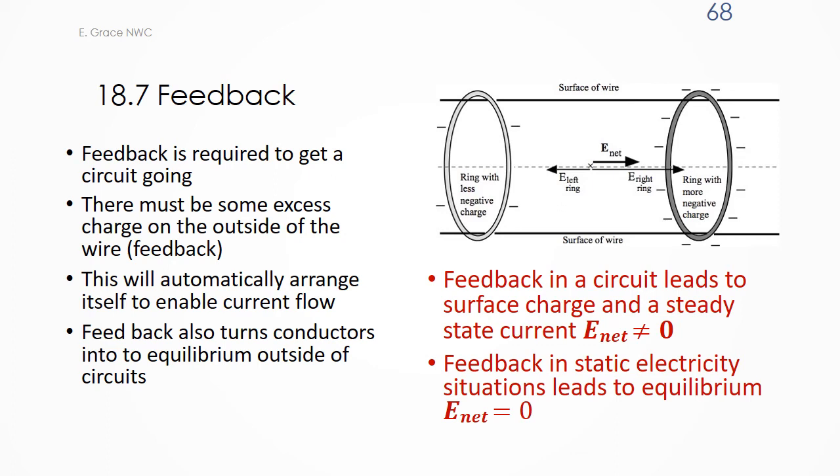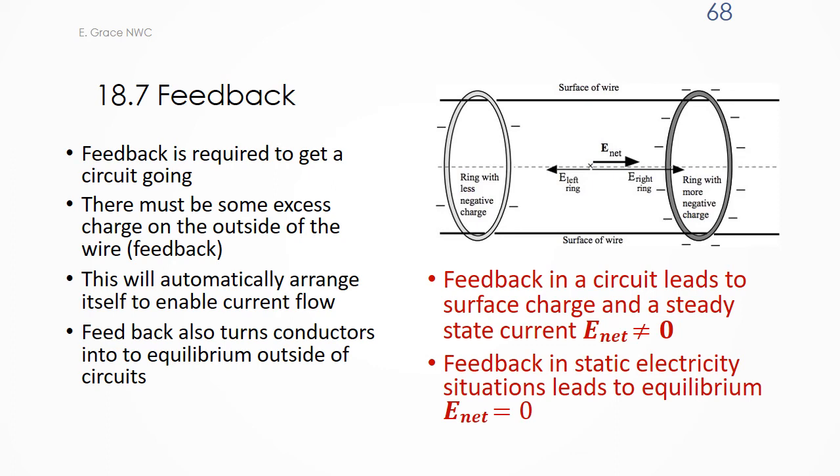And feedback will turn conductors into equilibrium outside of the circuit. So feedback in a circuit leads to a surface charge and a steady state current of non-zero. And feedback in static electricity leads to equilibrium where E net is equal to 0. So feedback is also related to static electricity.